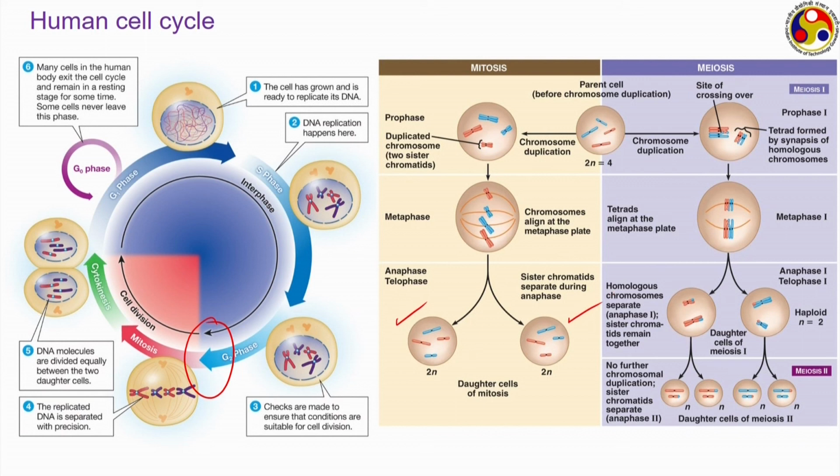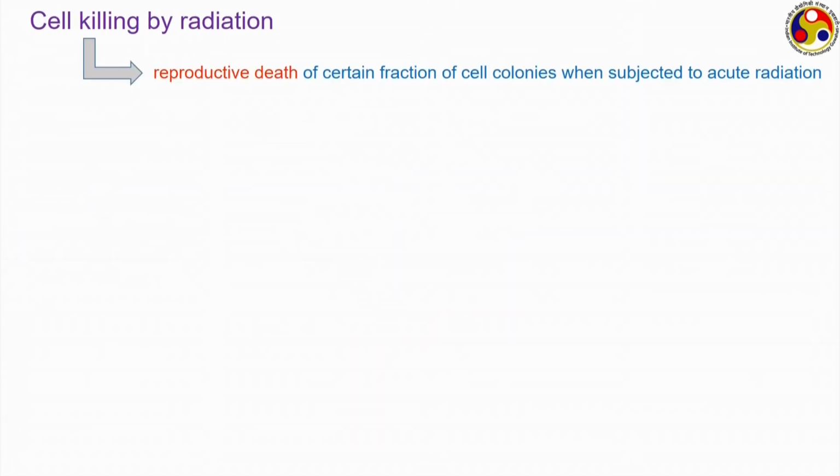Mitosis is the most common type of cell division that we can see, and that is the one that is responsible for development of our body from a single cell embryo to a fully grown human body. So, if mitosis is affected by radiation, then there can be a real catastrophic effect, something known as cell killing.